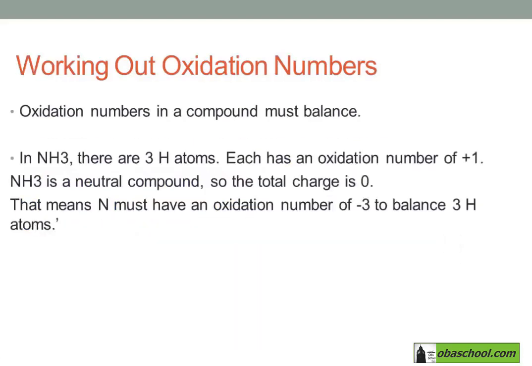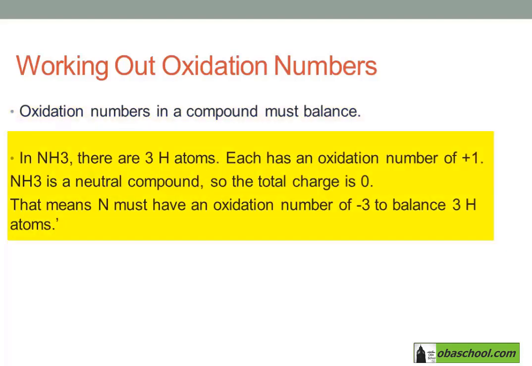As for other elements, we can work out the oxidation numbers in certain compounds. There are also rules for that. The main rule to remember is that the oxidation numbers in a compound must balance. For example, in NH3 there are 3 hydrogen atoms.